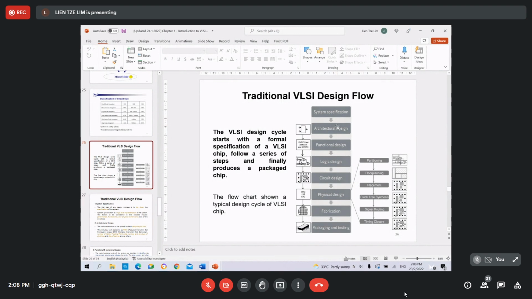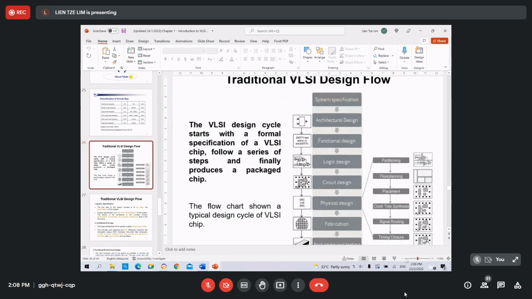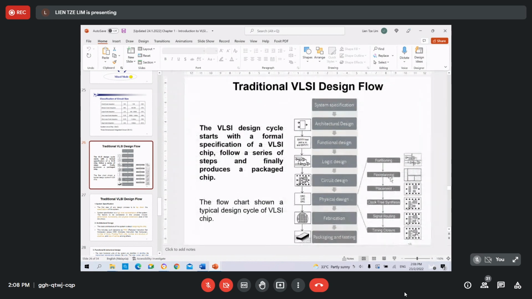There are a few steps. Before physical design, there is architectural design, functional design, logic design, circuit design. So floor plan is under physical design.